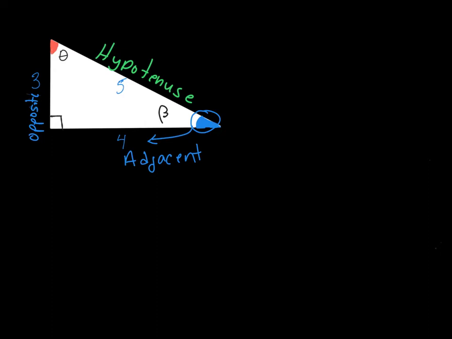Now, before I go through and find the sine, cosine, and tangent of these, which is just putting in the ratios of the opposite, adjacent, or hypotenuse sides, I want to talk a little bit about the relationship between theta and beta. This is a 90-degree angle triangle, so what do I know about this? I know that theta plus beta plus 90 degrees has to equal 180.